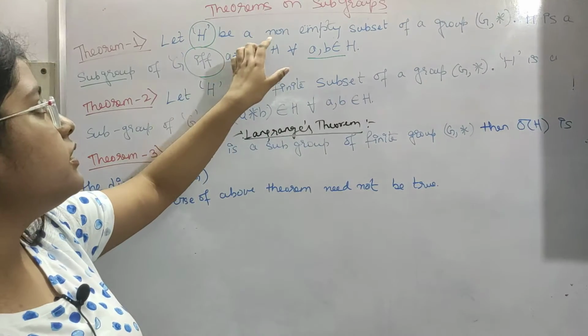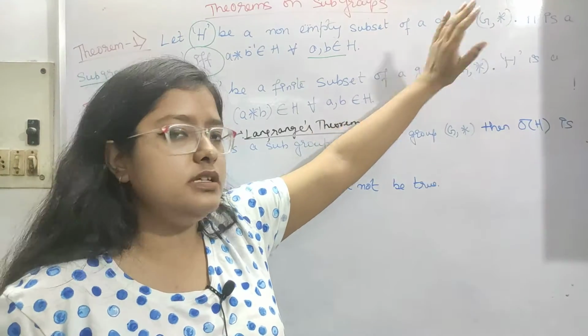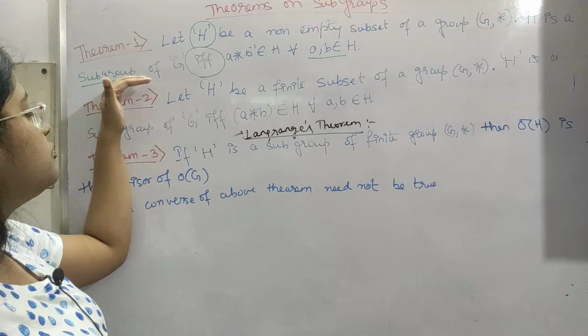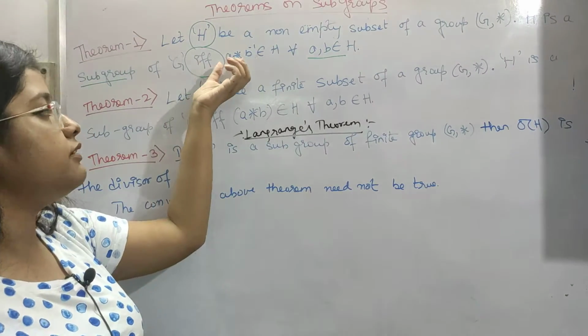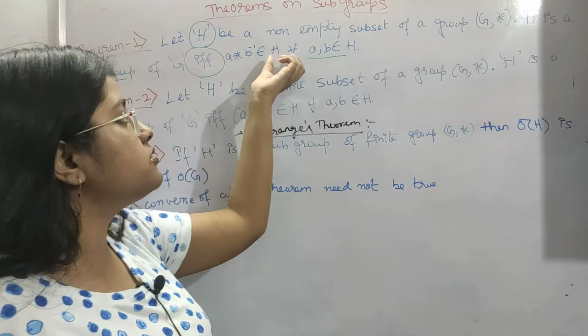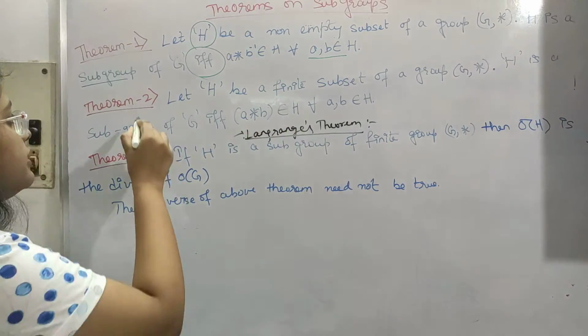Let H be a non-empty subset of group G, where G is given and star is the binary operator. H is a subgroup of G if and only if A star B inverse belongs to H for all A, B belonging to H.